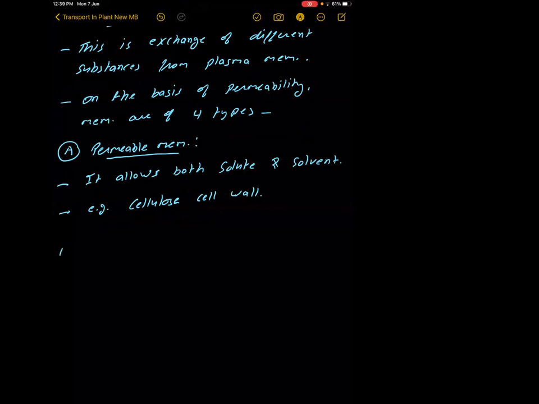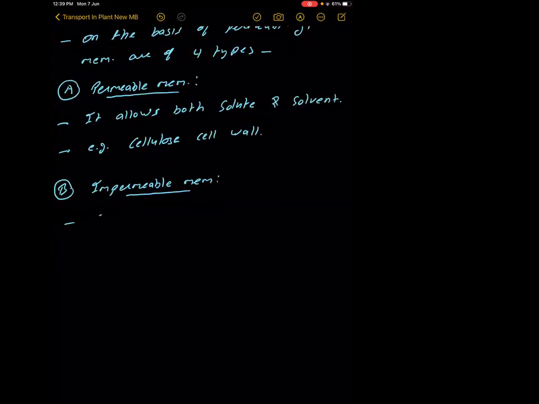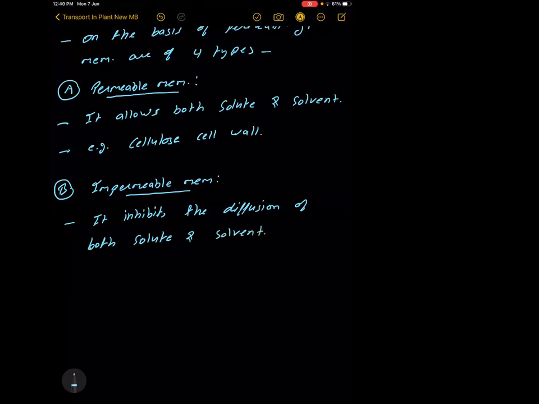B is impermeable membrane. It inhibits the diffusion of both solute and solvent.